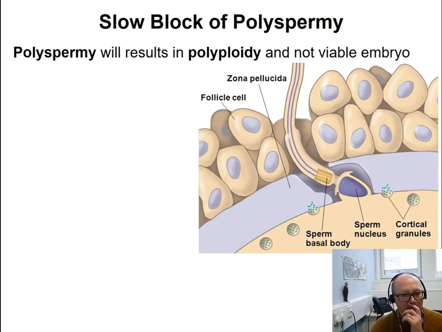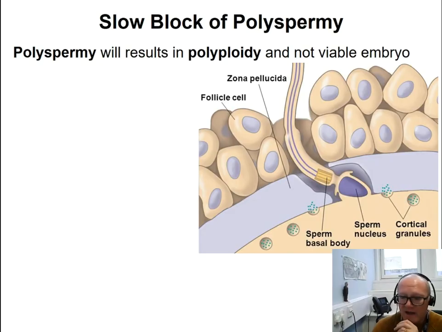So here again, another sketch representing the moment of fusion of the membranes between the sperm and the egg, and the movement of the nucleus containing the paternal DNA inside the egg.